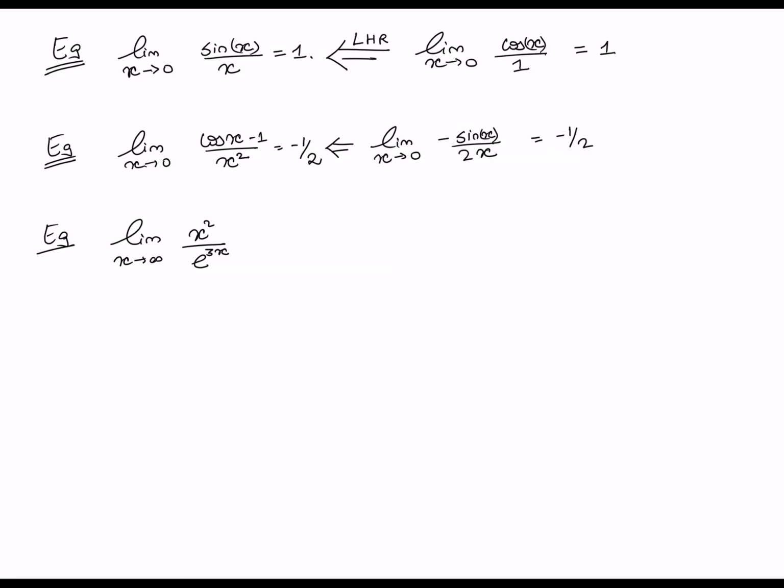But just to apply L'Hopital's rule, note that you now satisfy hypothesis 3 because your denominator tends to infinity as x tends to infinity. So I can reason about this limit by studying the limit of the ratio of the derivatives. That becomes 2x upon 3 e raised to 3x.